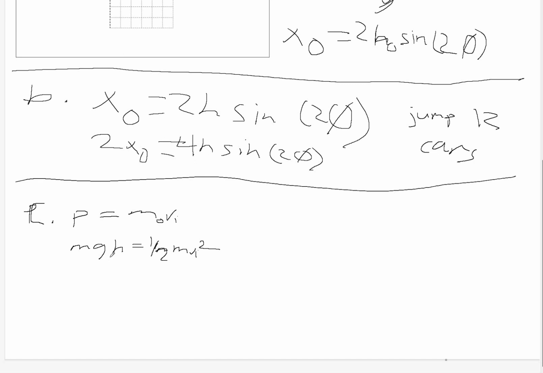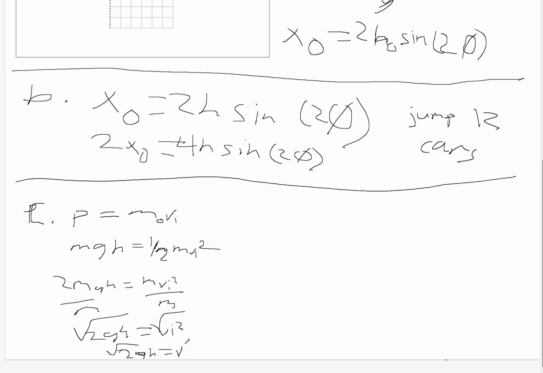We multiply 2 to both sides, divide by m, and then just square root. We're left with the square root of 2 g h naught is equal to vi.